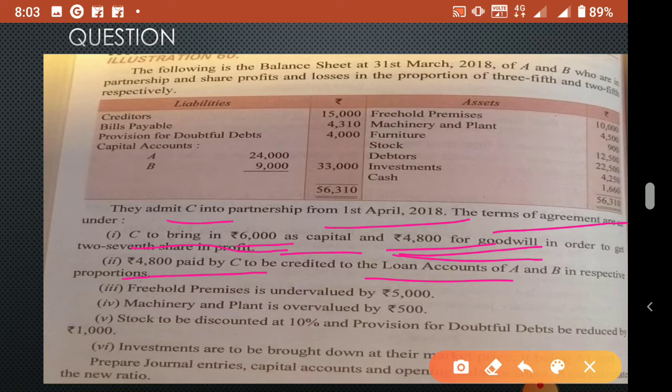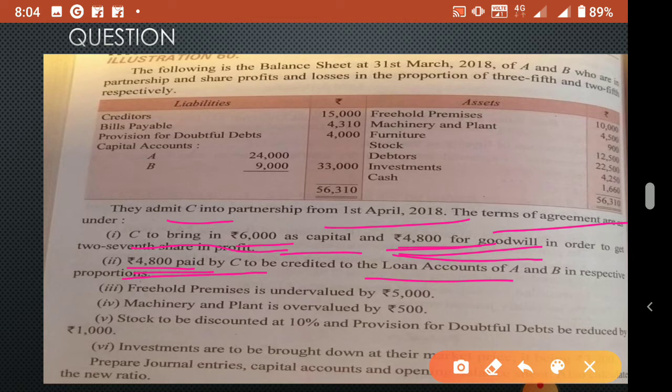You remember? Okay. Now, in this question specifically they are saying that this 4,800 brought in by C, which means goodwill, should be transferred to the loan account of A and B. Normally we transfer it to the capital account, and the partner can take it away. Transferring to the capital account means the old partners are taking that money into their account like a deposit.